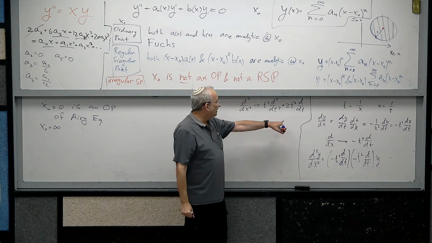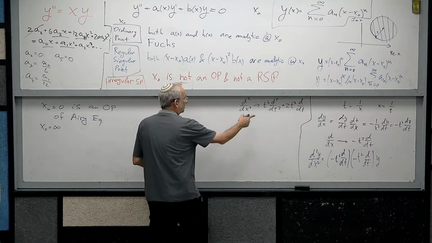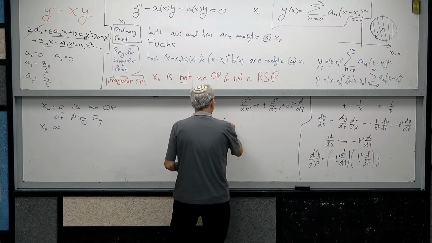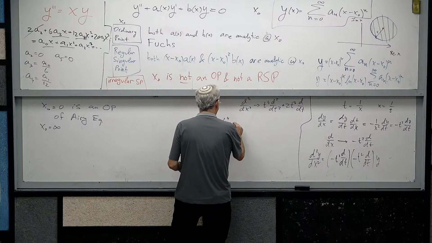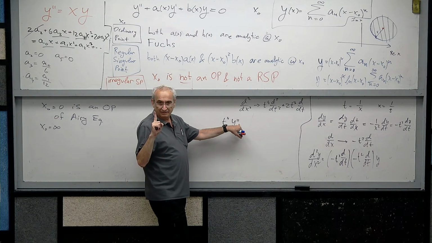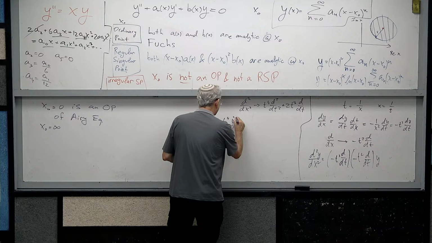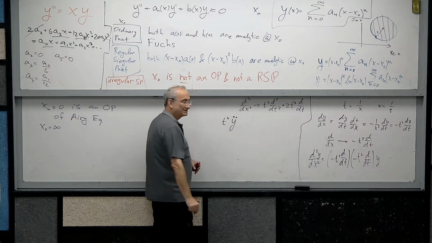So if I would like to write the Airy equation in this language, it will be t to the 4 times y double prime, where now double prime is the derivative with respect to t, the second derivative, or maybe I will write it as y double dot.